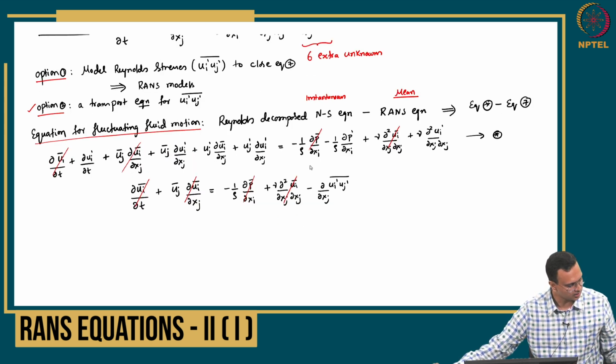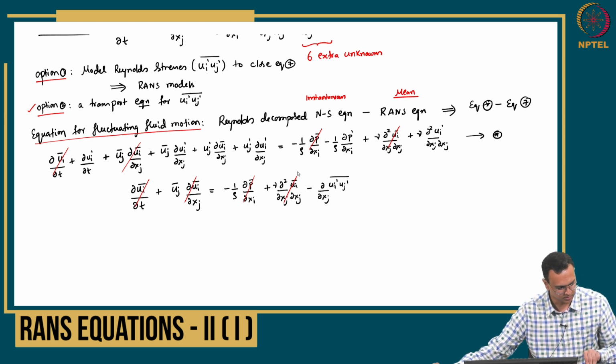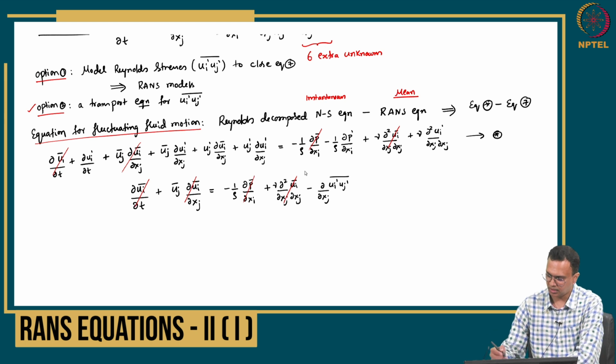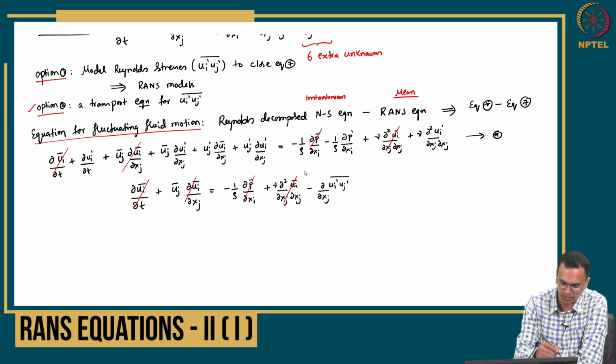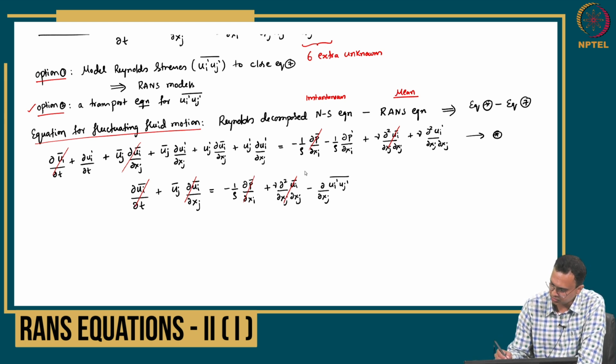Before that, I would like to have this equation. I would like to have this last term written in a different way. We used a trick to get this term, pushing the fluctuation inside the differential operator.